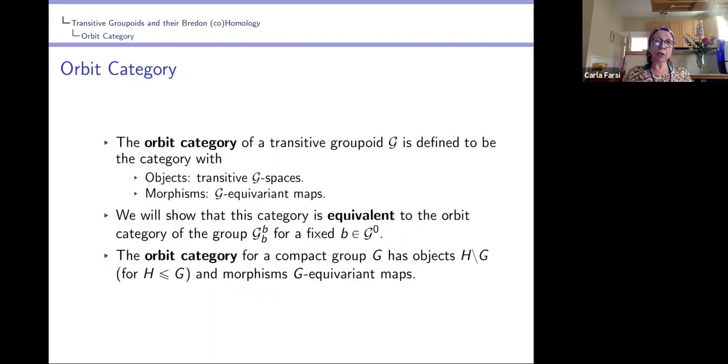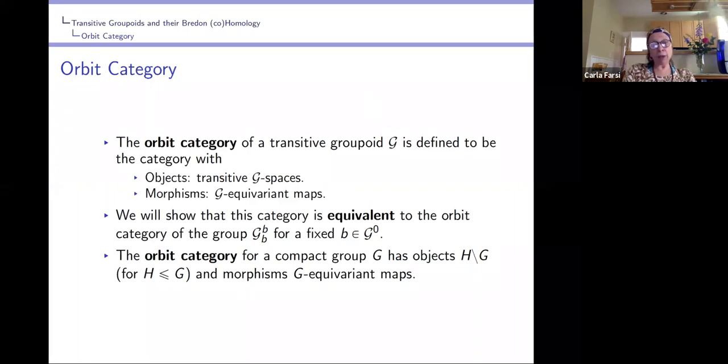You need to define something which is called the orbit category. The orbit category intuitively is the set of all orbits with a little bit more structure, but intuitively it is the set of all orbits. And in the case of a compact group action, say, a transitive compact group action, which is the case of reference here, what are the orbits?